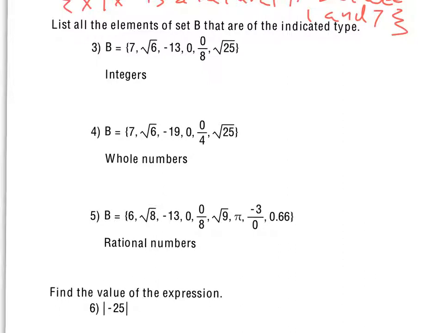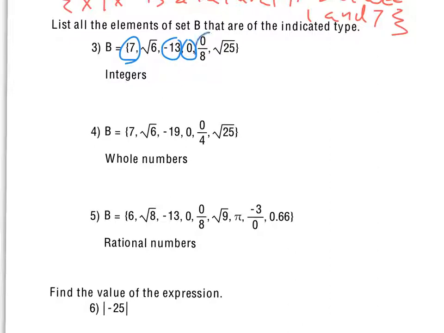For 3, 4, and 5, we've got a set of numbers, and what we're doing is just listing the elements that are of that indicated type. So for number 3, we're looking for the ones that are integers. So let's see. So 7 is an integer. Square root of 6 is not. -13 is. 0 is.